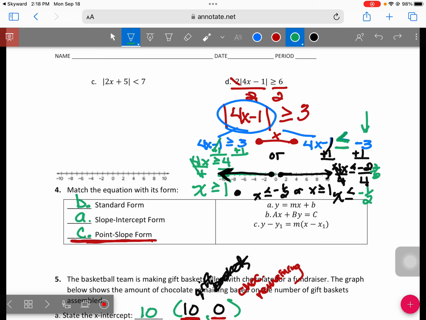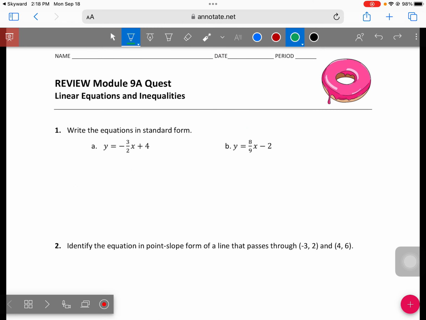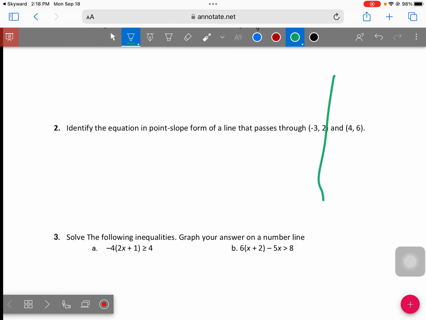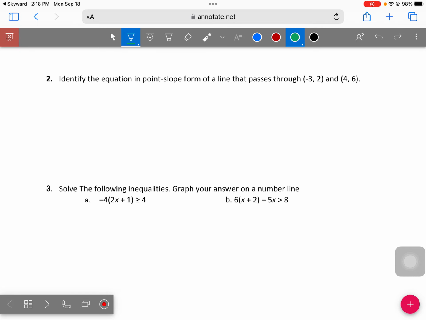Is that the right one? Undo. And then do, there you go. Be patient.